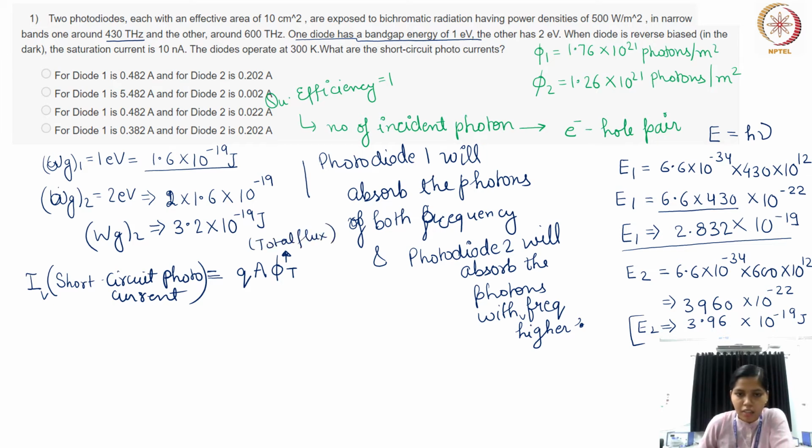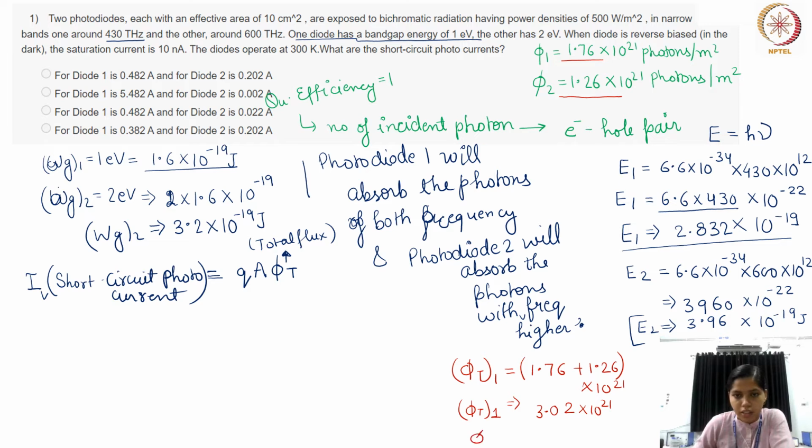Separately, if we calculate the total flux for photodiode 1, since it will be absorbing the photons of both frequencies, we can write 1.76 plus 1.26 multiplied by 10 to the power 21. So it will give you 3.02 into 10 to the power 21 photons per meter square. So this will be your flux for the first photodiode.